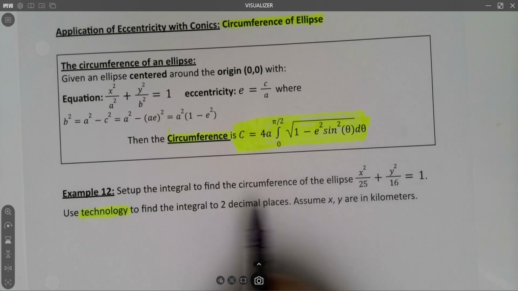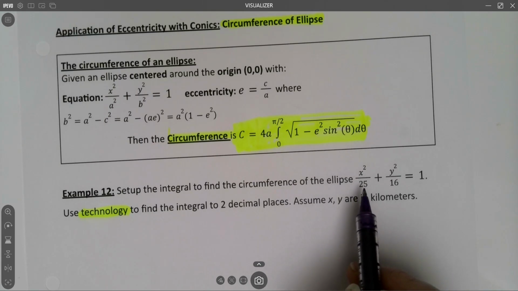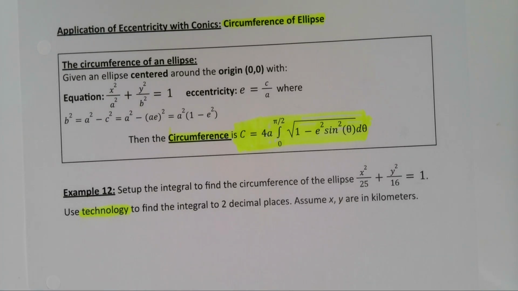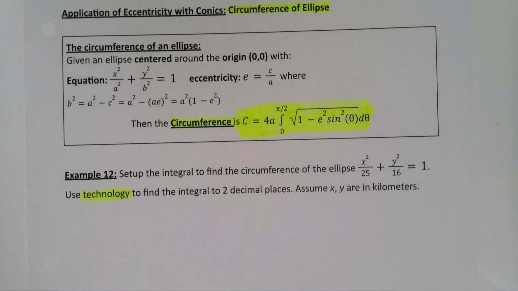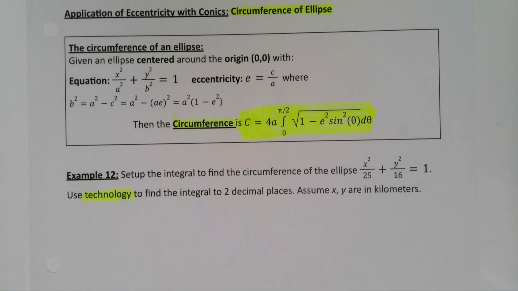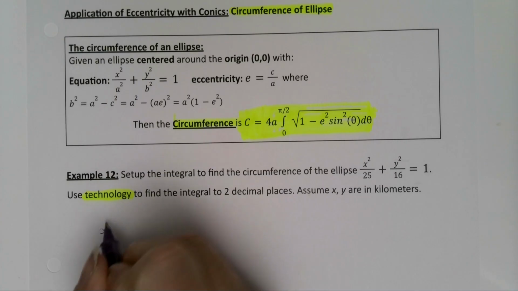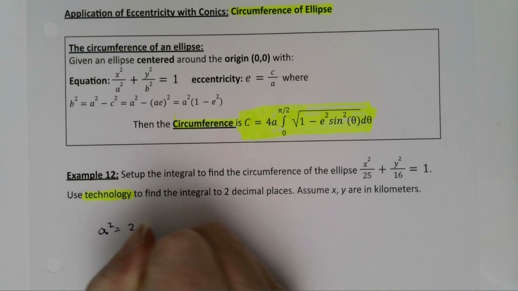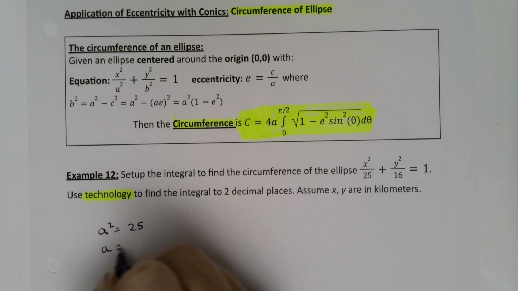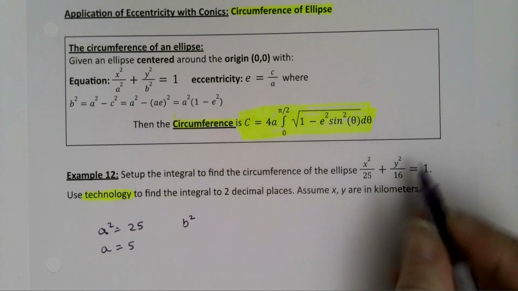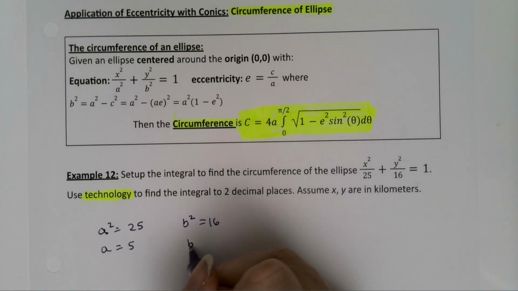So we know that we have x squared over 25 plus y squared over 16 equals 1. So we know that a squared is 25, so a is 5. b squared is 16, so b is 4.